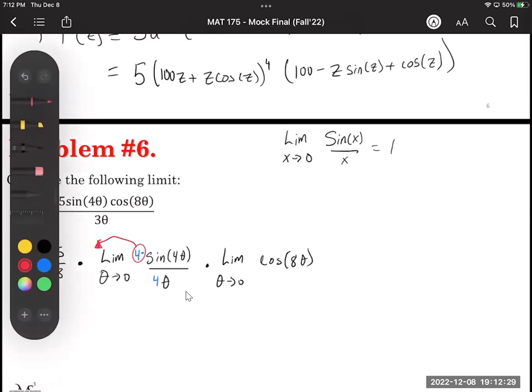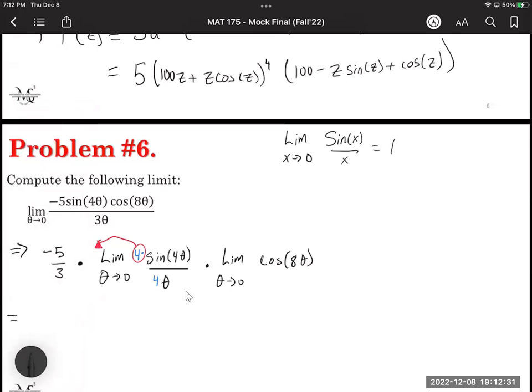When I do so, this will read as follows. Negative 5 thirds is going to be multiplied by a 4 eventually, times the limit as theta approaches 0 of sine 4 theta over 4 theta, times the limit as theta approaches 0 of cosine 8 theta.